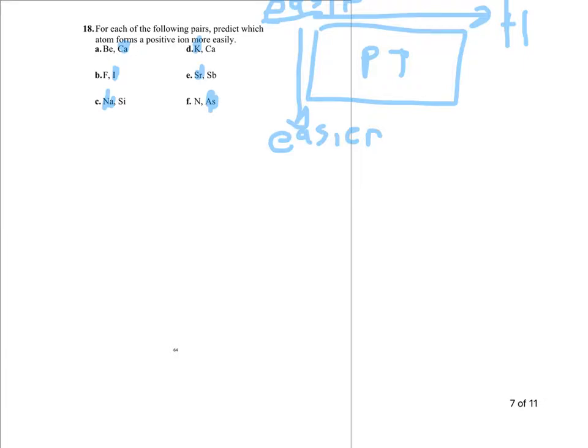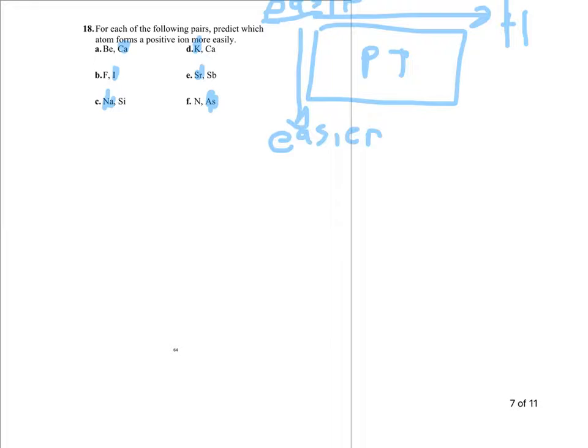Potassium and calcium. Potassium farther to the left. Strontium and antimony, both period 5. Strontium farther to the left. Easier, make positive ions. And then nitrogen and arsenic down lower, back to a period trend. It is easier.